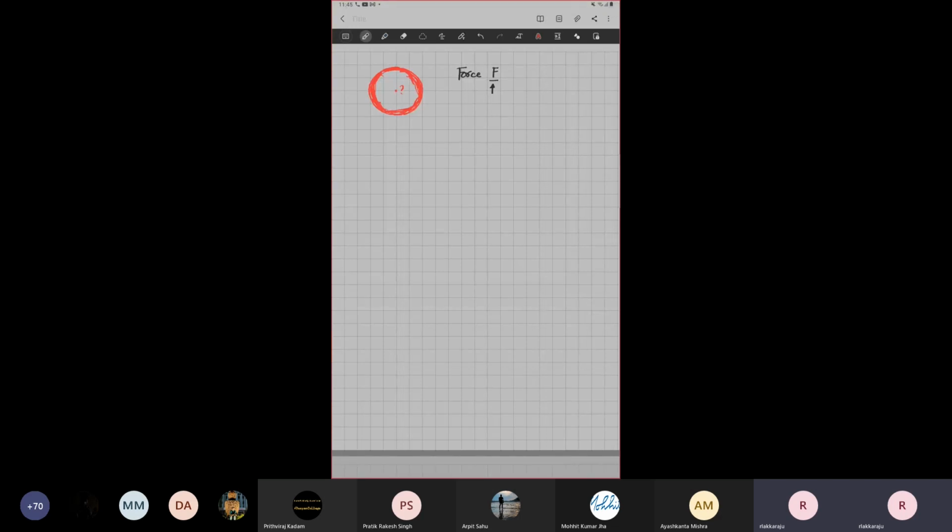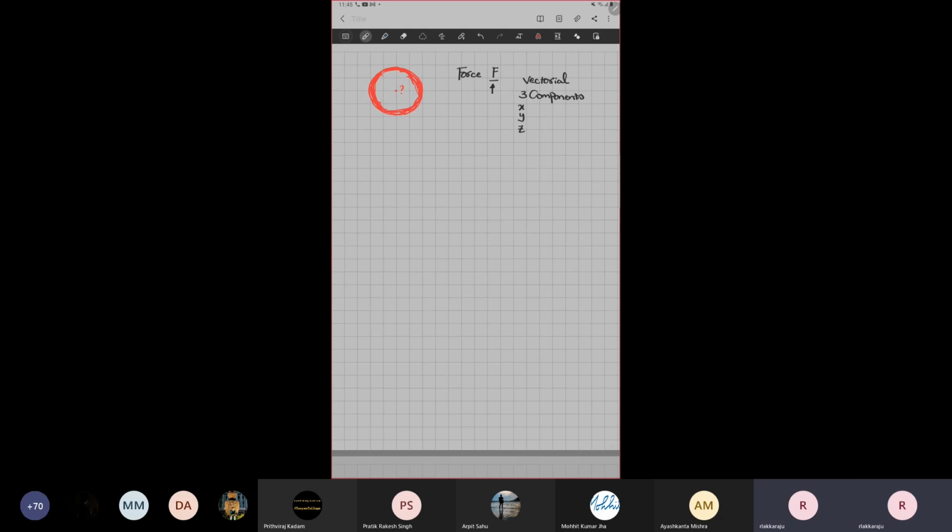If I am writing on a page or tab and I put an underline, that indicates it's a vectorial quantity, and it has three components, at least for our science courses, maybe in x direction, y direction, z direction.